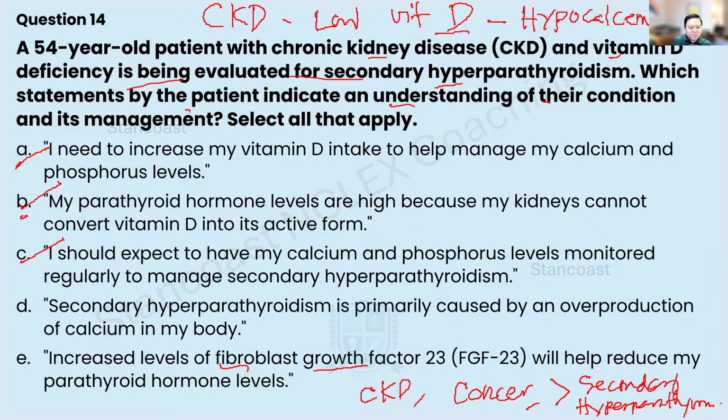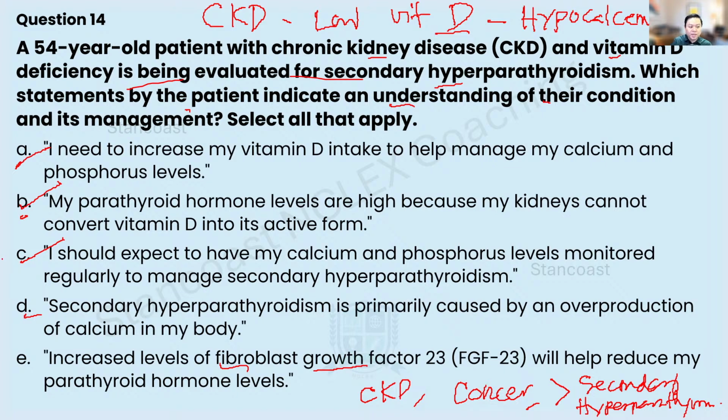If you answered letter D, secondary hyperparathyroidism is primarily caused by an overproduction of calcium. This is incorrect. This is not reflecting secondary hyperparathyroidism, but rather this is a primary hyperparathyroidism issue.